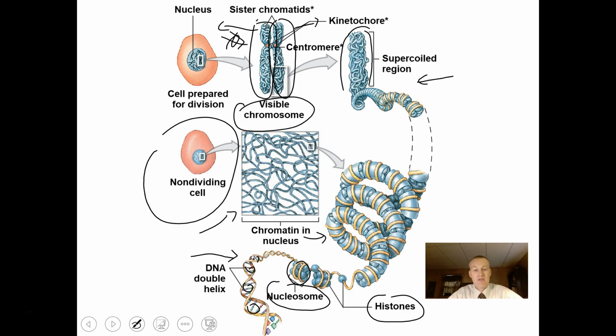So this is what it typically looks like in a non-dividing cell. This is what it looks like in a dividing cell in the form of a visible chromosome. So we have these nucleosomes and these histones. They help to compact the DNA down so it actually fits inside of the nucleus and is organized inside of the nucleus.